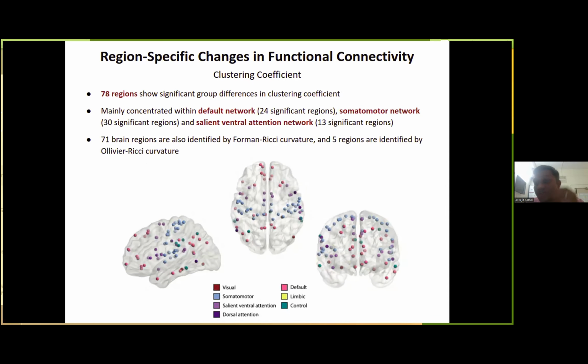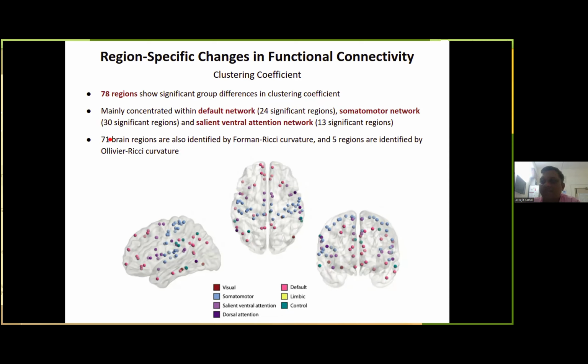But if you look at clustering coefficient, the number of regions which differ between the two groups is actually 78. So what I would personally, from a data science perspective, have found disturbing would have been if our curvature measures had predicted fewer regions by comparison. What we find is that with clustering coefficient you find 78 regions, divided into default with 24 significant regions, somatomotor with 30 significant regions, and 38 common with Forman-Ricci curvature.